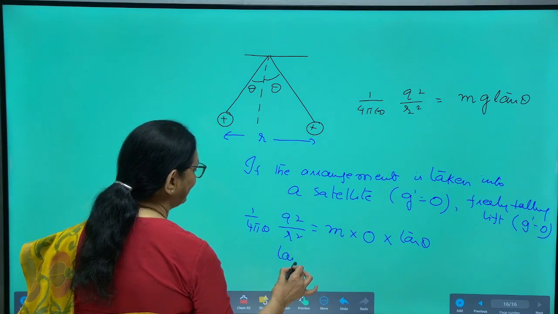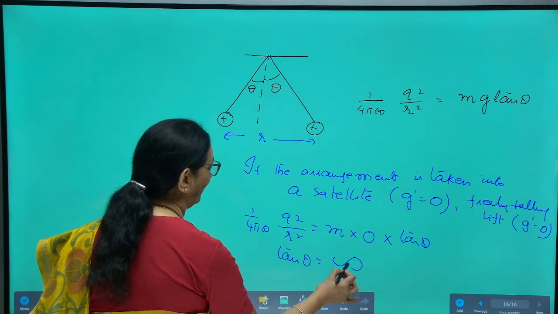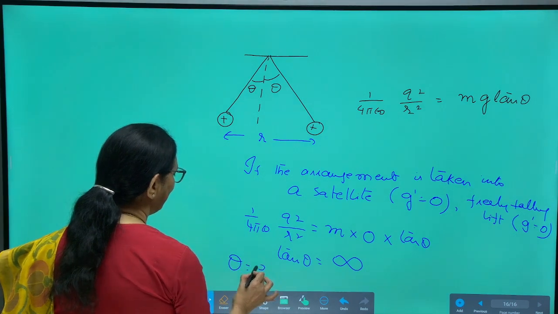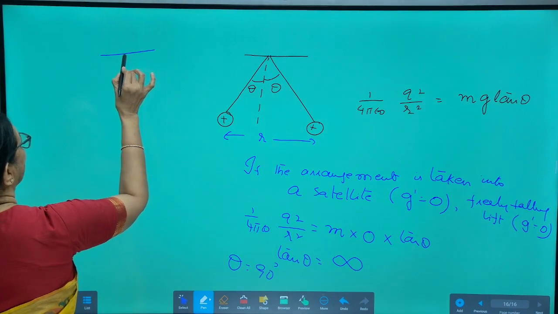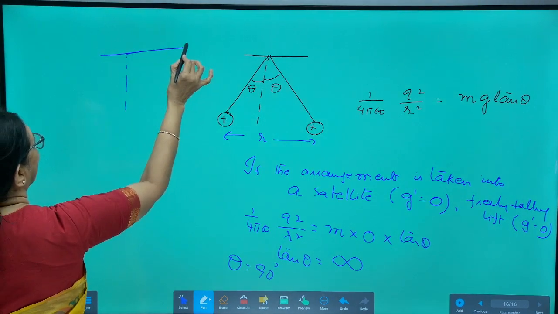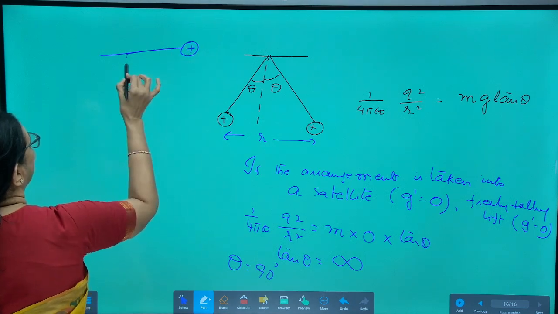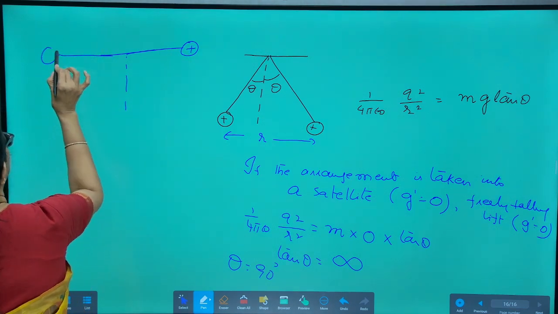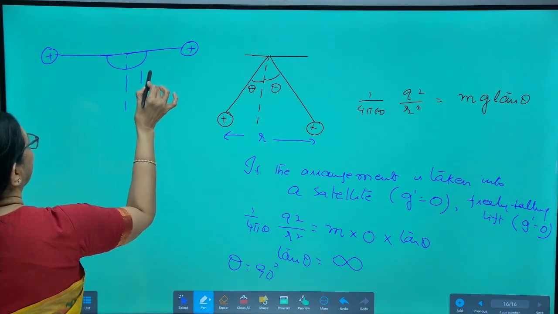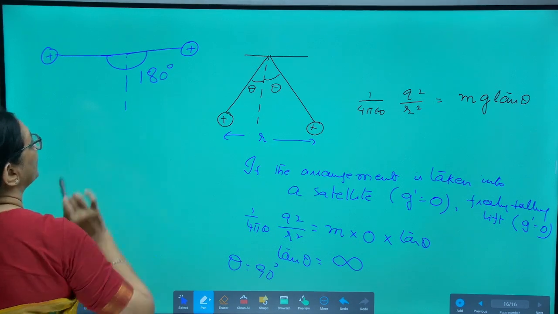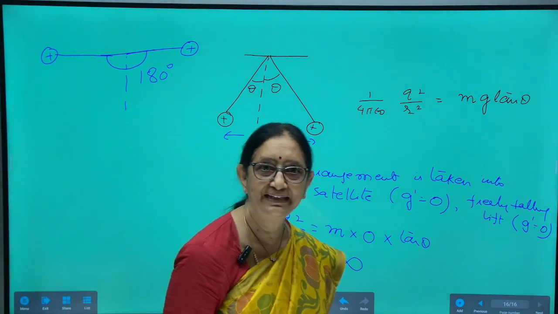From this, tan theta is something by 0, infinity, so theta is 90 degrees, meaning the string makes an angle of 90 degrees with the vertical. Then the angle between the two strings becomes 180 degrees.